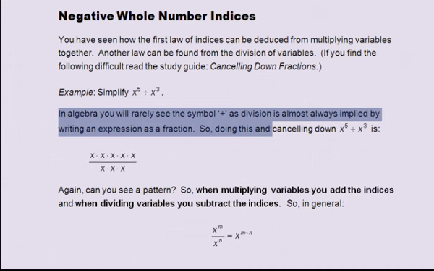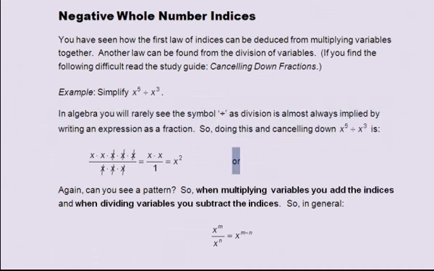And so, cancelling down, you get x times x divided by 1, which is x squared. And so, x to the power 5 divided by x to the power 3 is x squared.